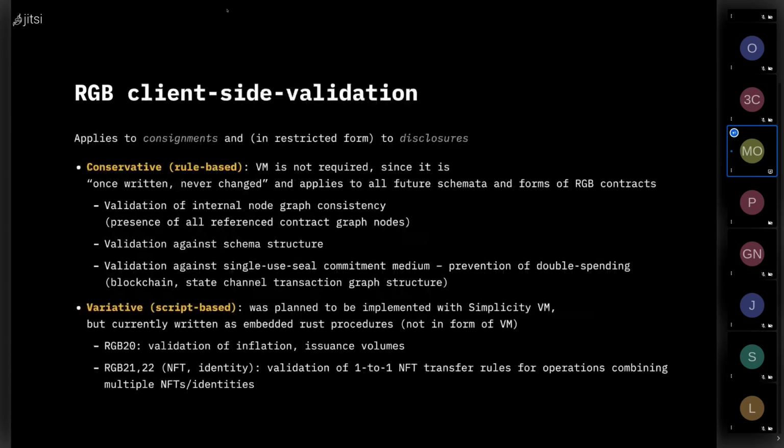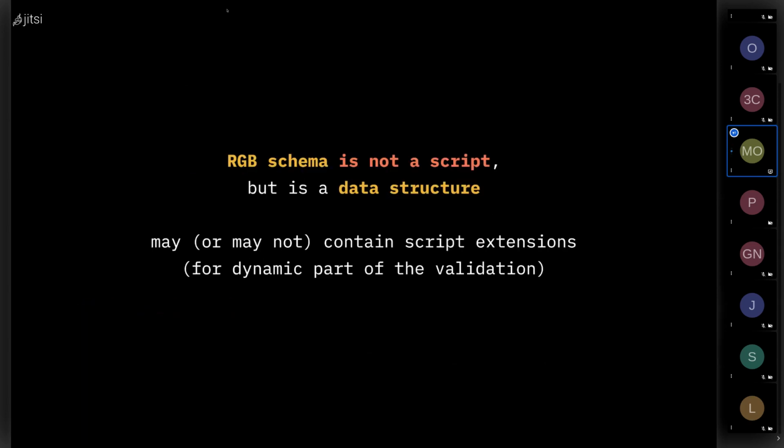And basically this slide says the same, but in a broader way. And I'd like to say from here that only the client-side validation applies only to two data structures, which are consignments and disclosures, and doesn't apply to the data containers. So what I'd like to emphasize is that the RGB schema defining all those rules is not a script.